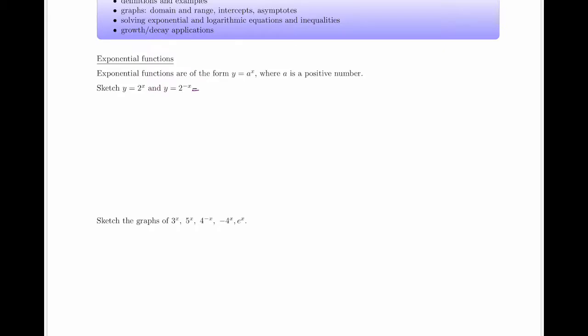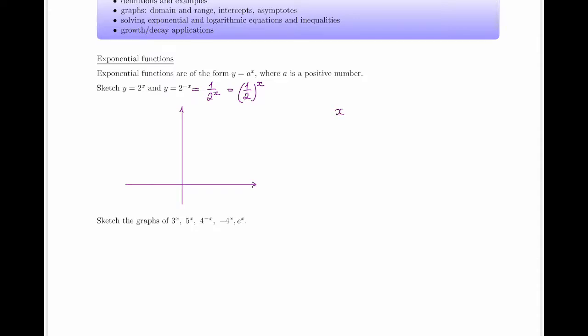Recalling the exponential laws, and if you can't, please take a look at module 1, this is the same as 1 over 2 to the power x, or it's also the same as 1/2 all to the power x. So if I were to sketch the graphs of 2 to the x and 2 to the negative x on the same set of axes, I would start by constructing a table of values.